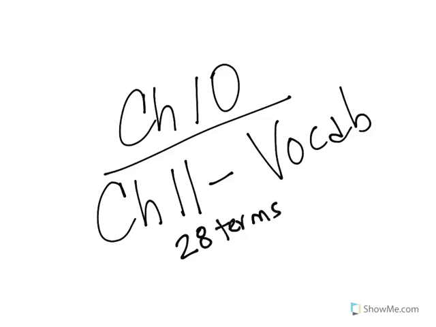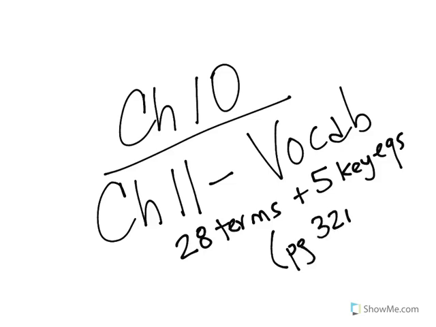And you have 5 key equations. So that's a total of 33 things that you have to put in your composition notebook for the vocab, and you can find it on page 321. Alright, so on your Flipgrid, I'll instruct that you do have to make sure your vocab is done as well. Alright, enjoy.